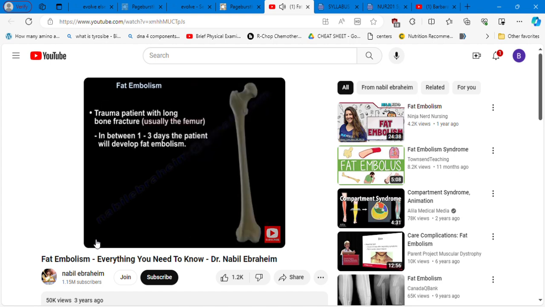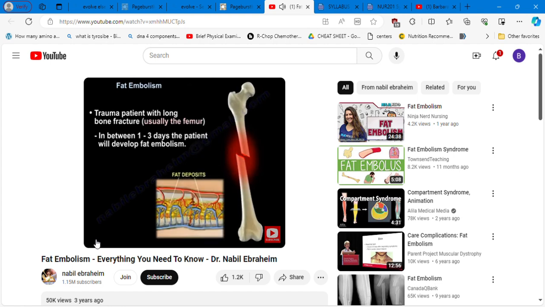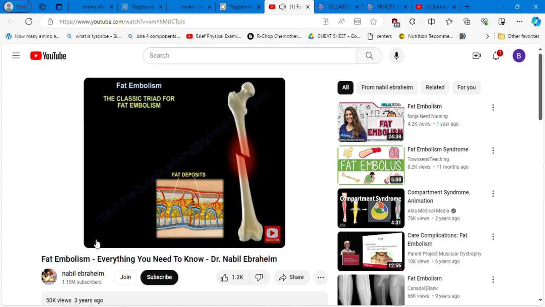So a trauma patient with fracture of a long bone, usually the femur, and between 1 to 3 days will develop fat embolism. This is the classic triad for that patient. Number 1, respiratory change. The fat globules affect the pulmonary vessels, so the patient will have difficulty in breathing, dyspnea, hypoxia.